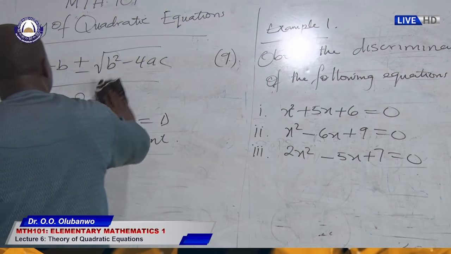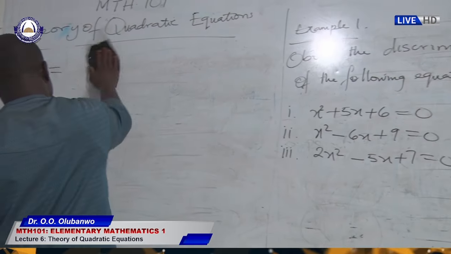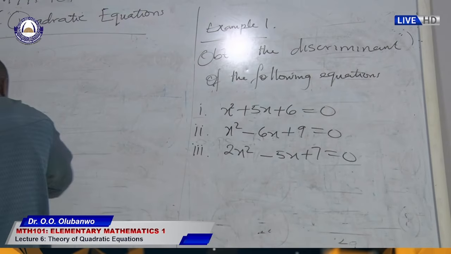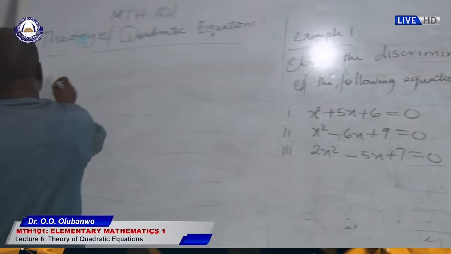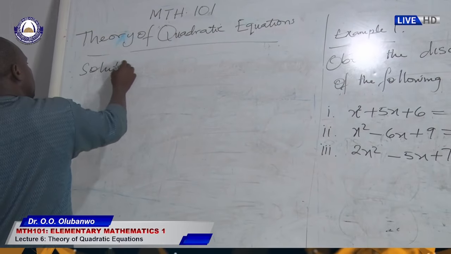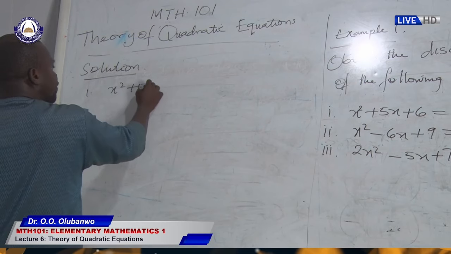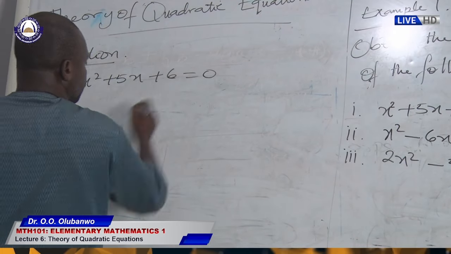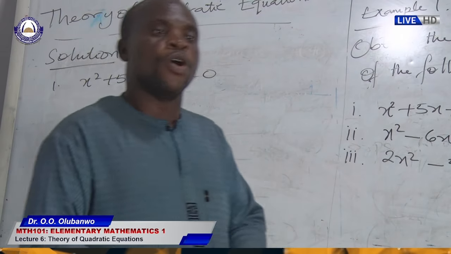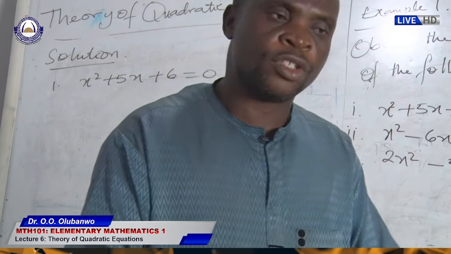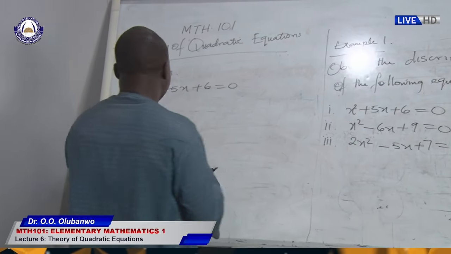Solution. The first one, x squared plus 5x plus 6 equals 0. Now, we are going to compare this equation with the general quadratic equation so that we can know what A stands for, B stands for, and C stands for.